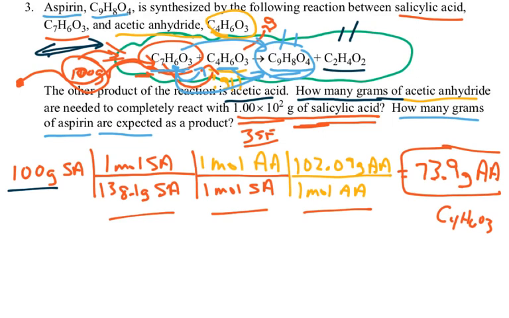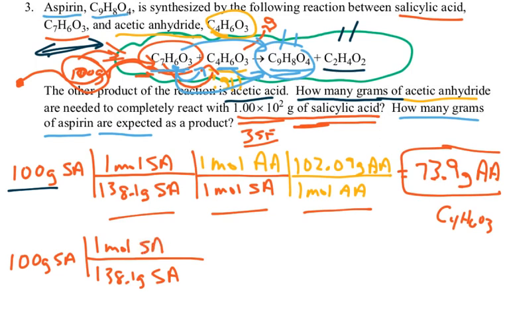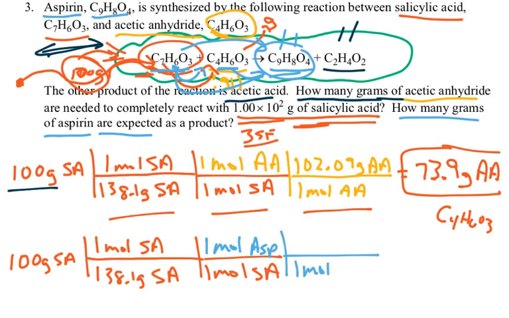Okay, so we're going to start off the exact same way. We have 100 grams of SA, and you'll be able to see what's the same here. 138.1 grams of SA, 1 mole of SA, 1 mole of SA. Now looking at the formula, we have 1 mole of aspirin, right? And for 1 mole of aspirin, we have 180.15 grams, I think?